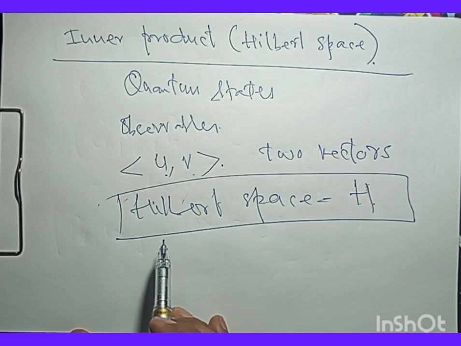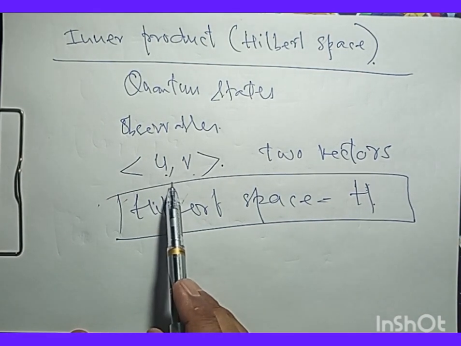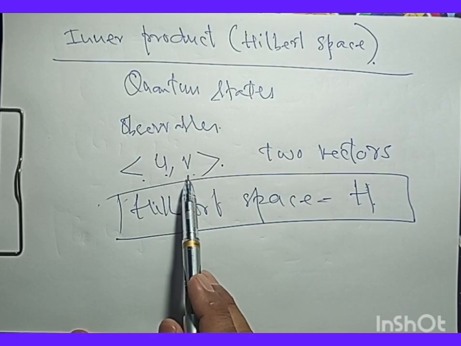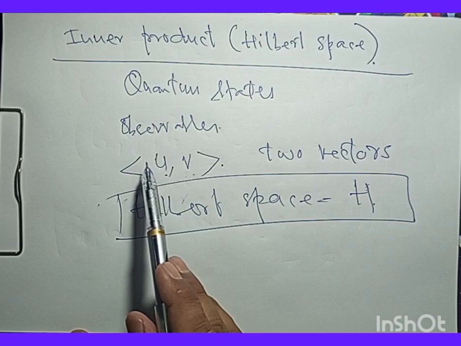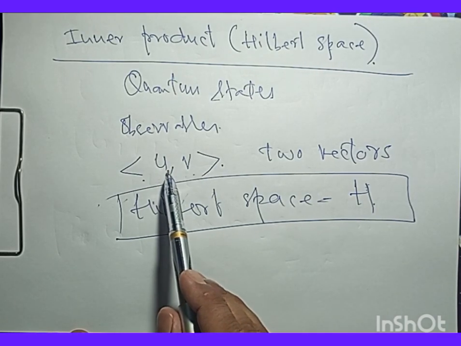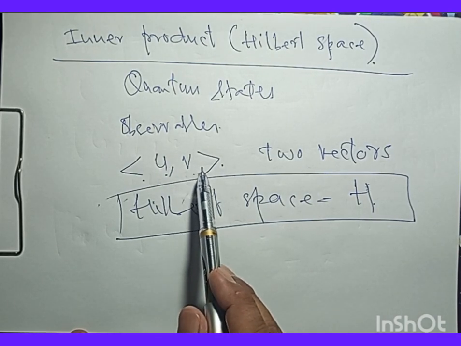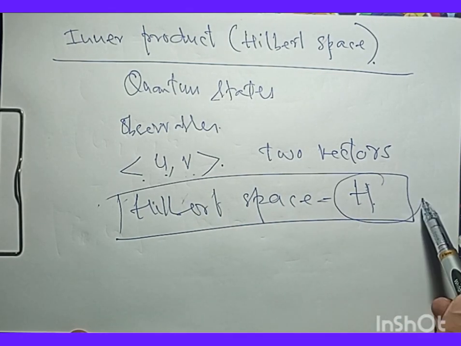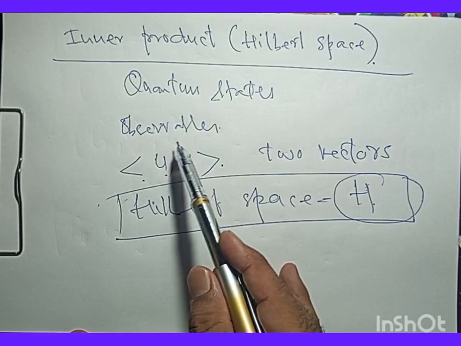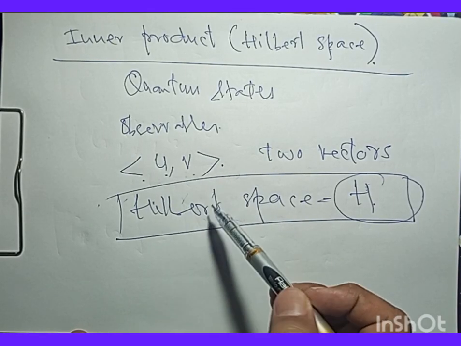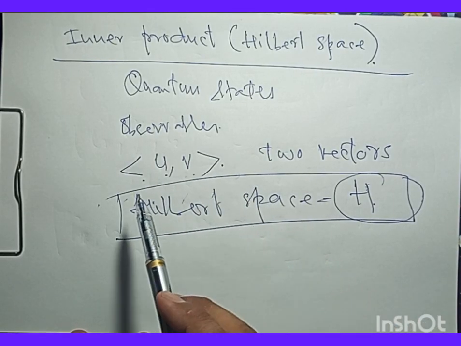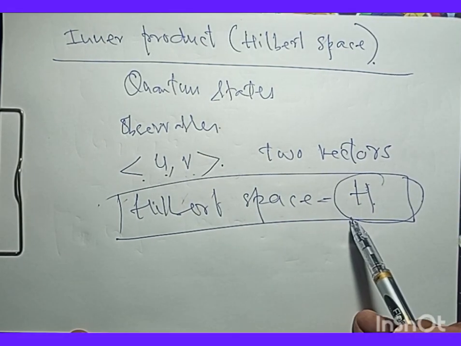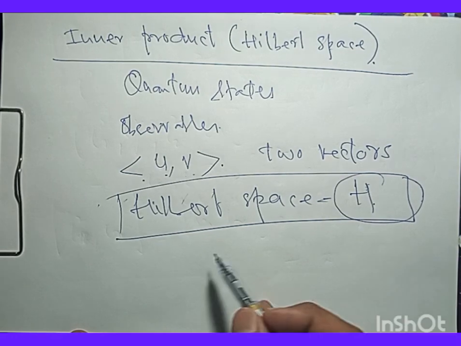If I start with the definition, the inner product of u and v is a function that takes two vectors, u and v, from the Hilbert space H, and it returns a scalar, a real or complex number, depending on whether this Hilbert space is real or complex.